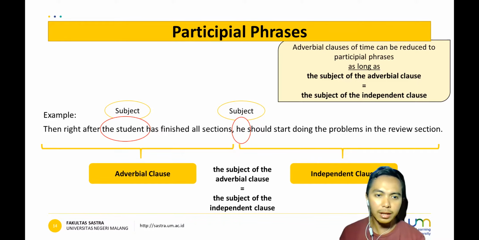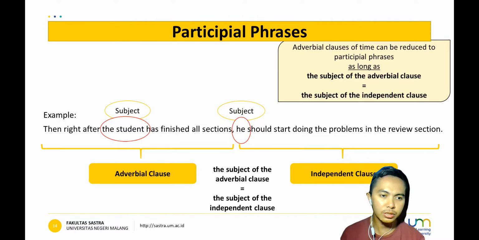Take a look that there are two subjects. The first one, the student, and the second one is the pronoun he, which is used for two reasons. First is the participial phrase to reduce the student here. The second one is to avoid repetition.